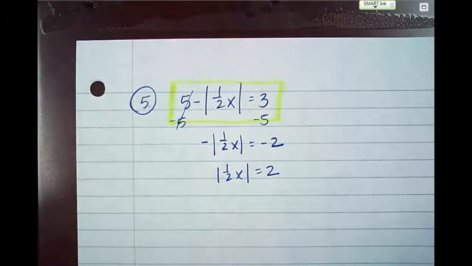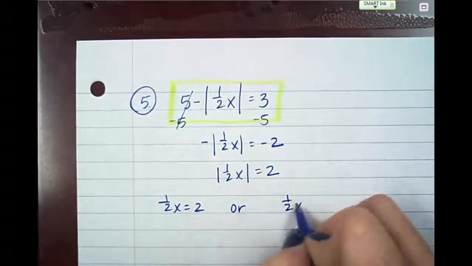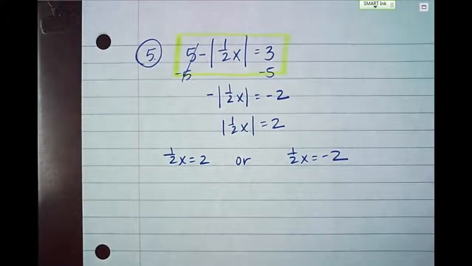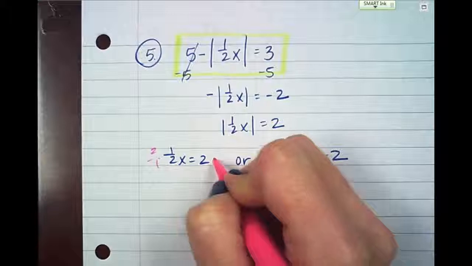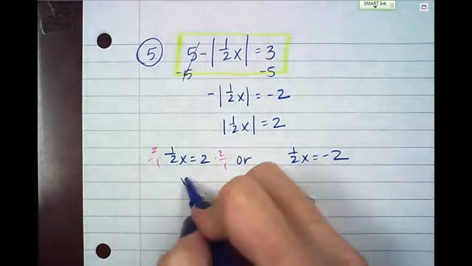Absolute value on one side, and on the other. Split it into your two equations now. Multiply both sides by 2 over 1. So x equals 4.